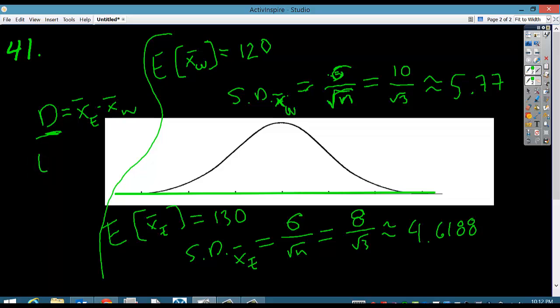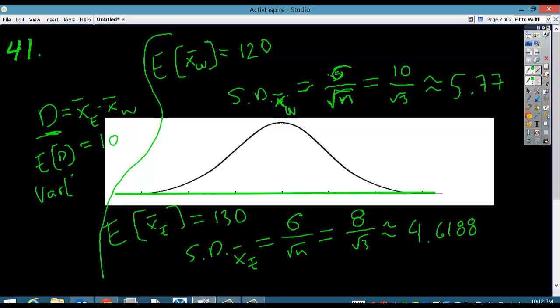So the expected value of D, since D is the difference between these two, would just be the difference between these expected values. 130 minus 120. Yet again, we have 10 for the expected value of the difference. What about the variance, or the standard deviation? Okay, so we need to do variance again.